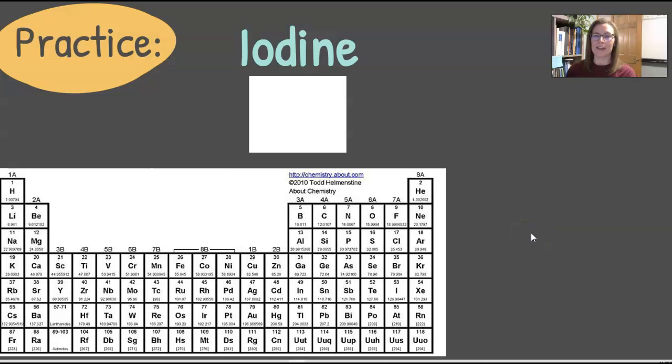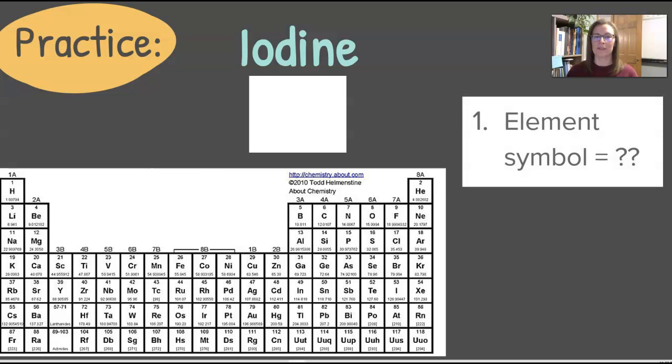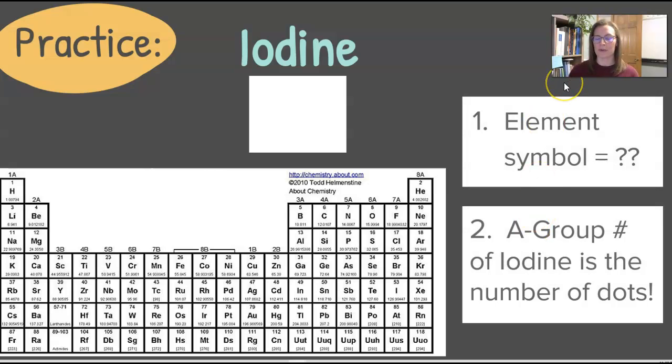Lastly, we'll do iodine. So we want the element symbol for iodine, and then we want to know the group number. Here is the element iodine down here. It is in group 7A. So how many dots do you think I'm going to have to put around my iodine symbol?